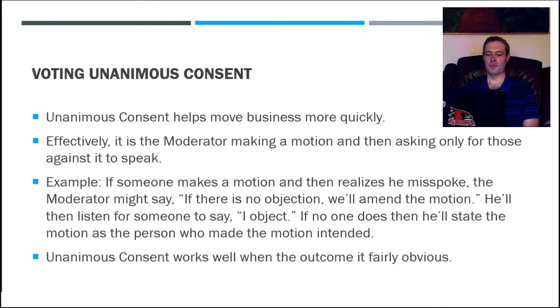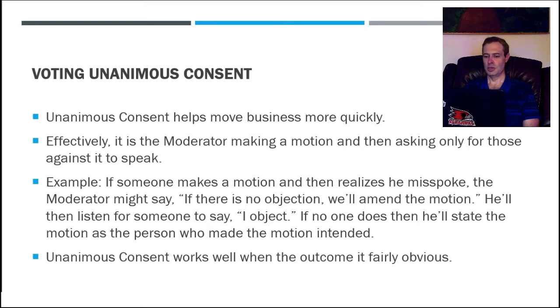He'll then listen for someone to say, I object, and most of the time you wouldn't expect someone to object in that situation. If no one does, then he'll state the motion as the person who made it intended. And here again, as I said before, it's important to state the motion so people know what motion they're voting on.